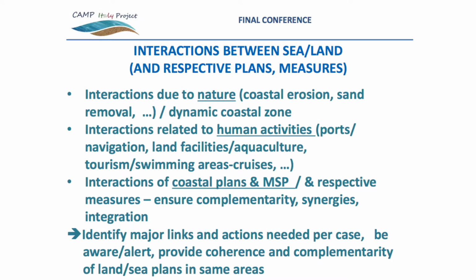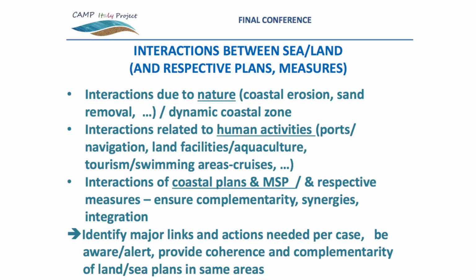Tourism, usually we speak about tourism on the land, but tourism needs very much swimming areas, also cruises, the new element in tourism. So there are several examples which make us understand that there are interactions of this kind even for the human activities.